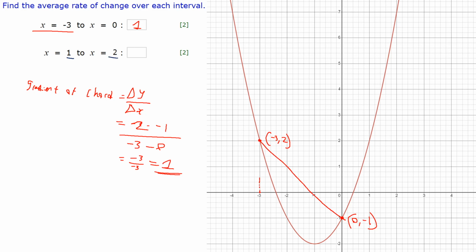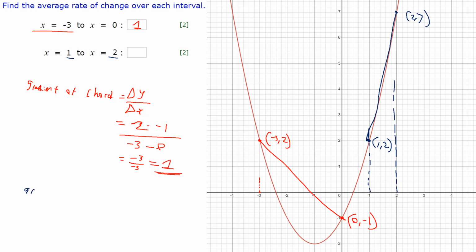Now, what about if it's between 1 and 2? Well, same thing. First and foremost, when it's 1, we need to draw it up. So this is (1, 2). And then when it's 2, it's gonna be here at (2, 7). We can draw a chord on it. Okay, you're gonna have rulers and pens. I am using a computer.